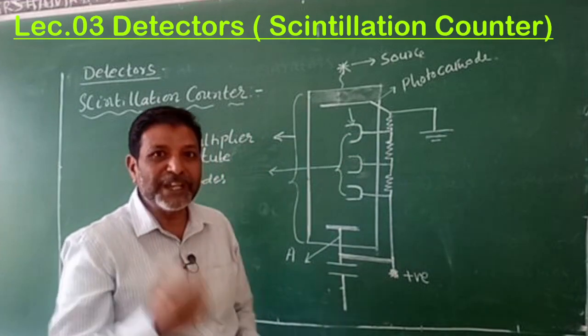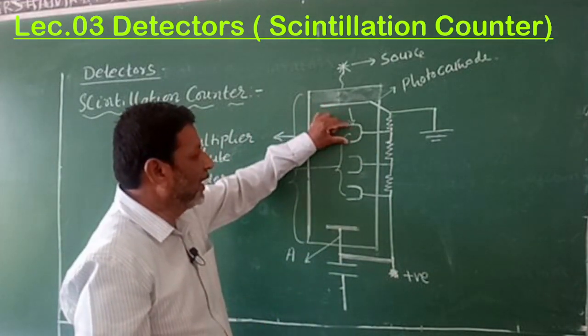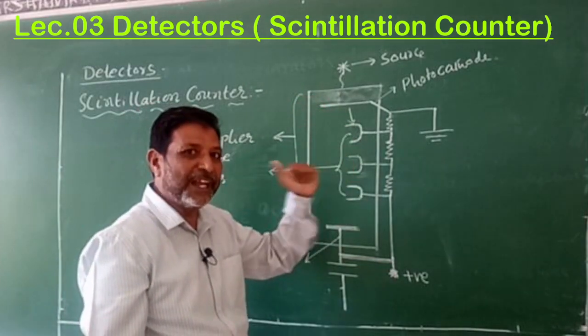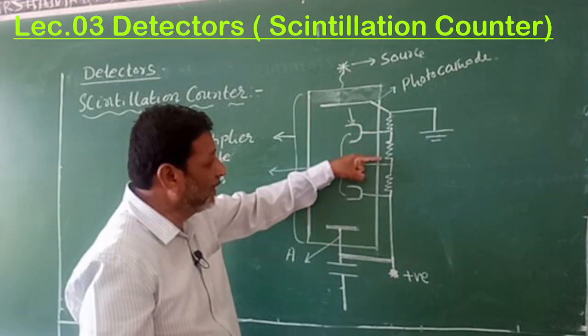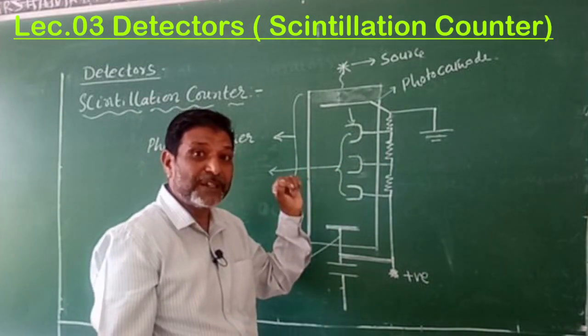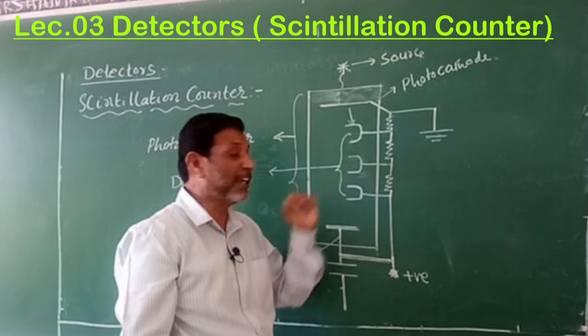We have taken the example that if one electron strikes the first dynode, it emits 10 electrons. Those 10 electrons get accelerated, move forward, and strike the second dynode, isn't it?